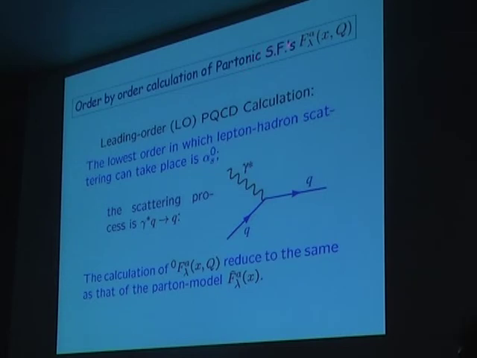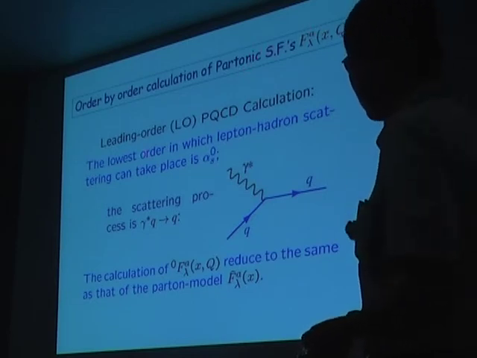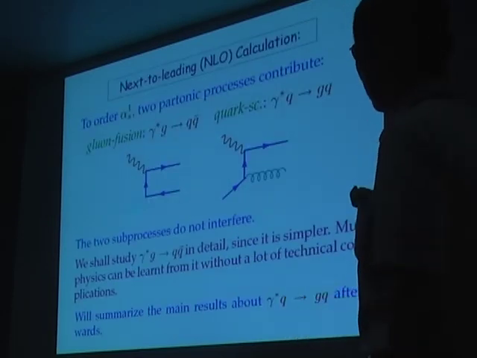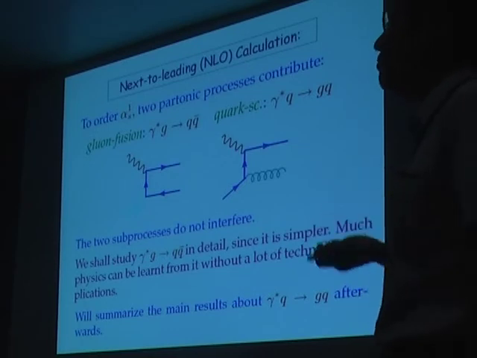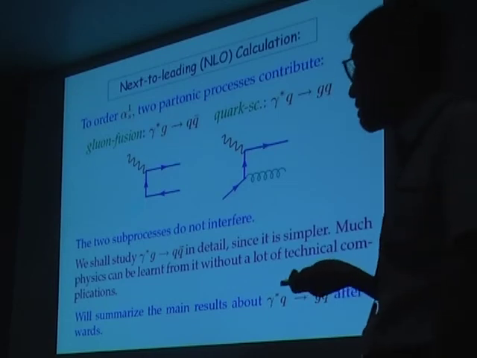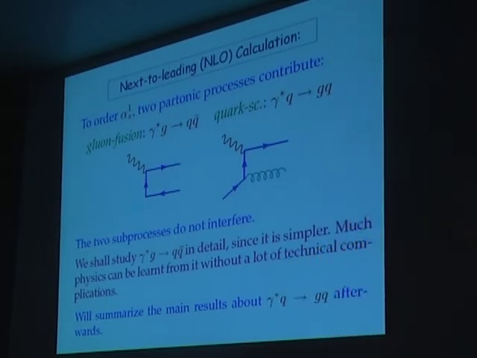Now let's discuss these structure functions beyond the parton model. At leading order, we produce the parton model, so I skip this. So for the rest of my lectures, I will go through the next leading order discussion as much as I can.